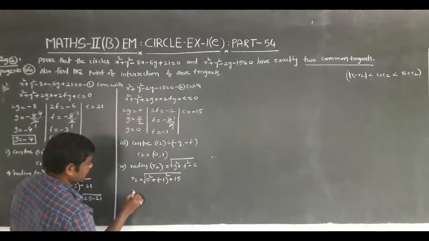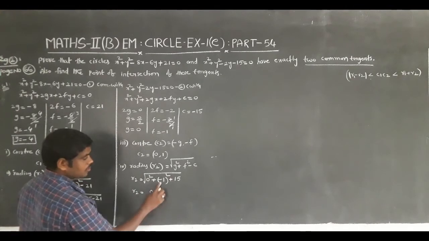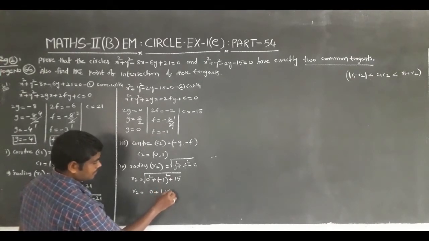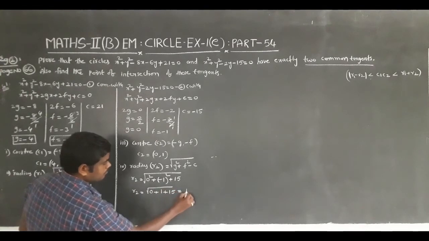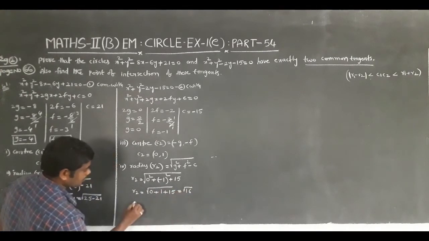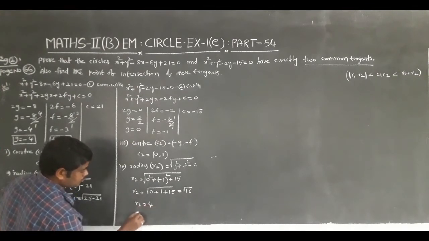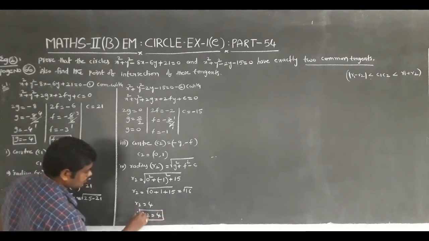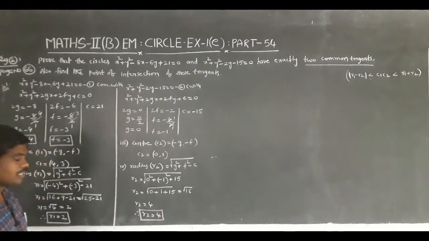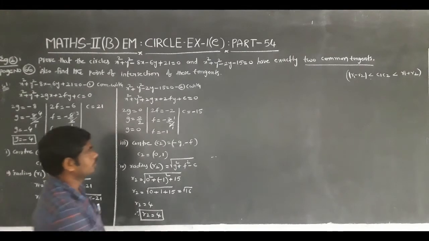R2 is equal to under root of 0 plus 1 plus 15, 1 plus 15 is 16. R2 is equal to square root of 16 means 4. Therefore, R2 is equal to 4. Radius of the second circle is equal to 4.